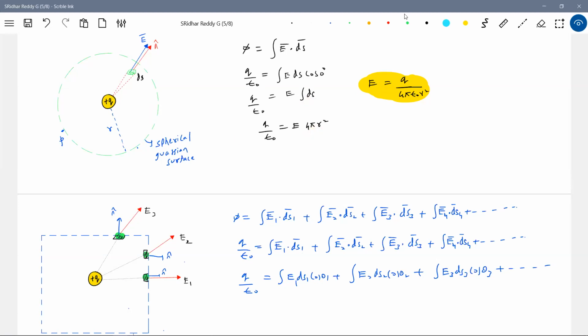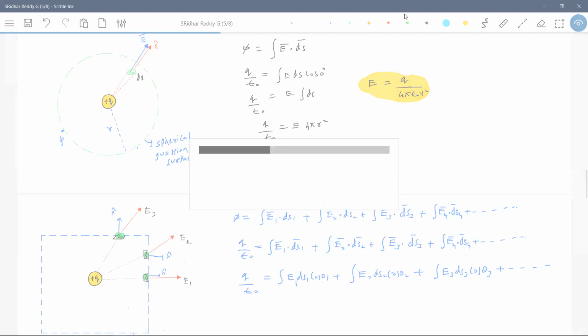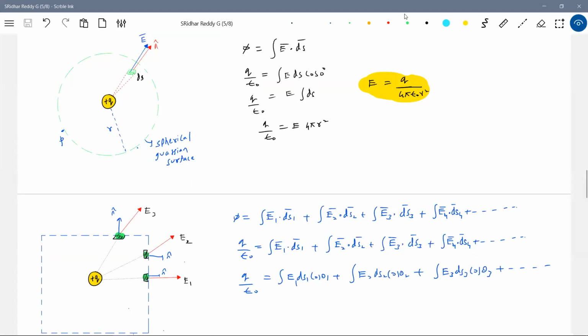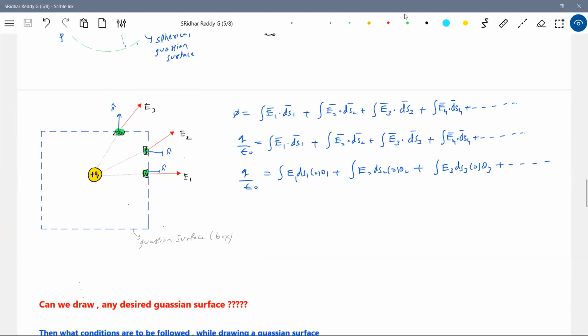So tell me, what are the precautions I should take when I'm finding electric field using a Gaussian surface? We should assume a suitable Gaussian surface. How to assume a suitable Gaussian surface? I'll follow these points. Points to be followed.